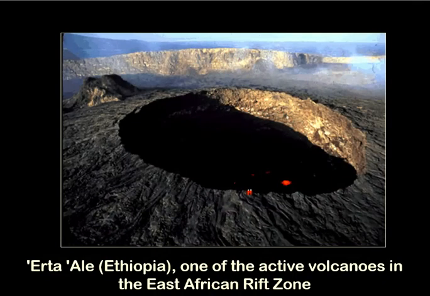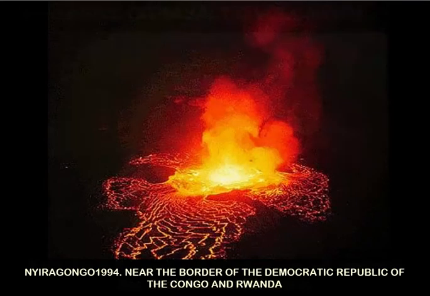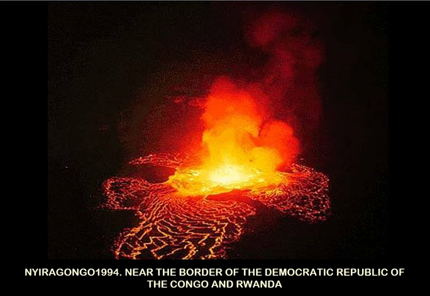This is the kind of volcanism associated with these parts of the world. It's called a shield volcano because it looks a bit like a shield. These are made of basic or basaltic volcanism, which is very fluid and travels across the Earth's surface quite rapidly.